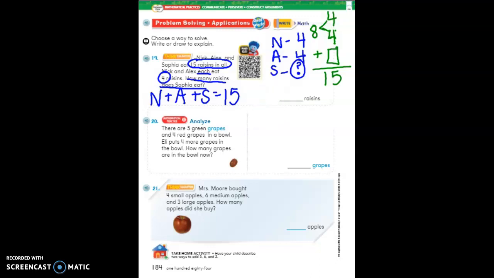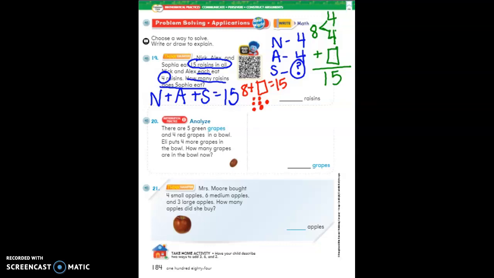So 8 plus something equals 15. And that mystery number will be our answer. So you could put 8 in your head and count up to 15. So 8, 9, 10, 11, 12, 13, 14, 15.